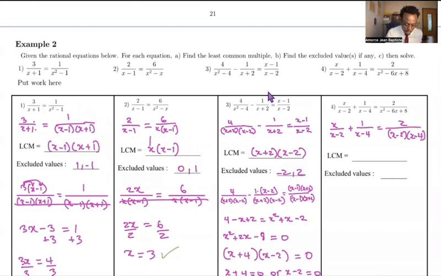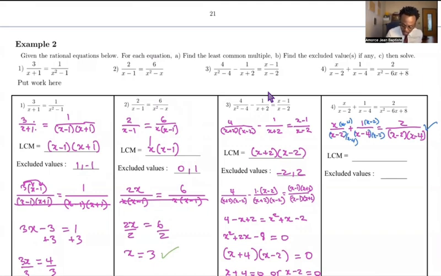So we would need to multiply the first one top and bottom by x minus 4, and multiply this one by x minus 2. And this one is already okay.